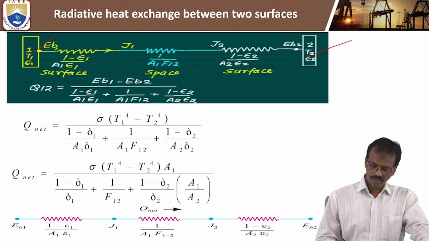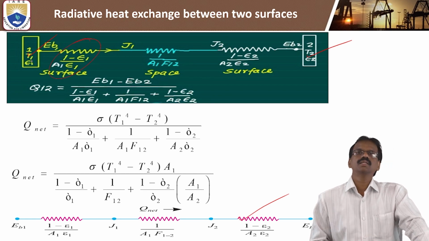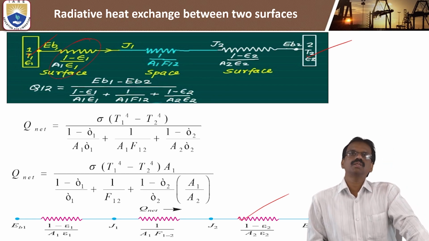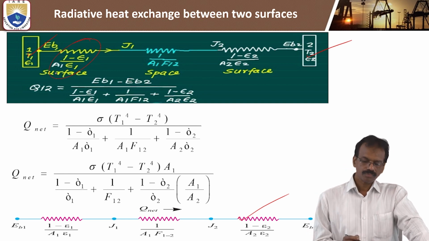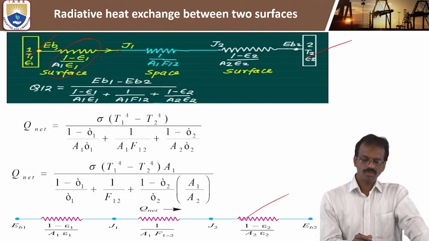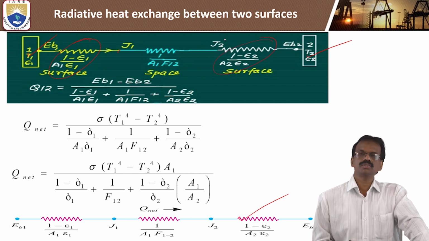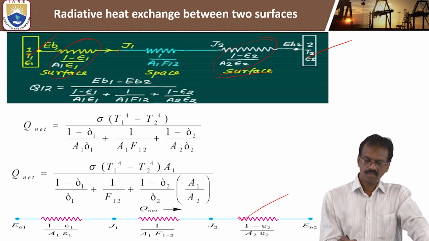So this is the electrical analog formula, because the first surface has a surface resistance, that is (1 minus epsilon 1) by A1 into epsilon 1, then radiosity J1. Next, the surface 2 resistance is equal to (1 minus epsilon 2) by A2 into epsilon 2. This is called surface resistance.